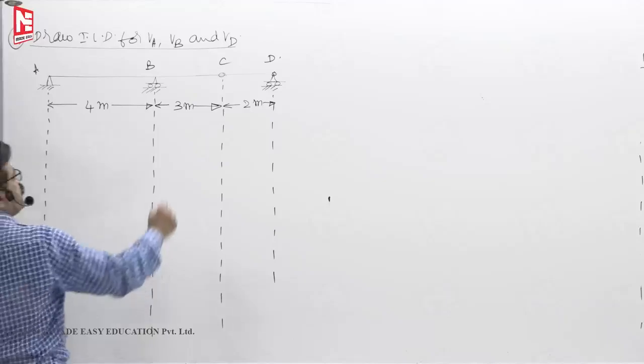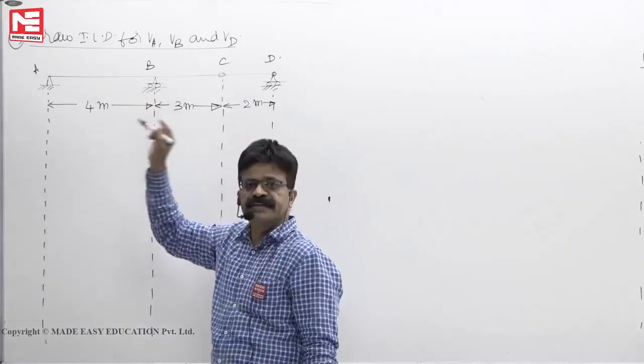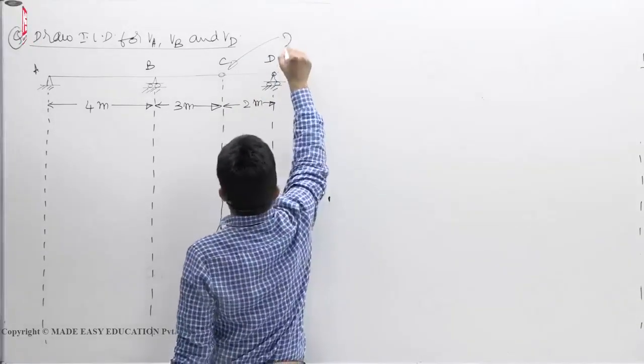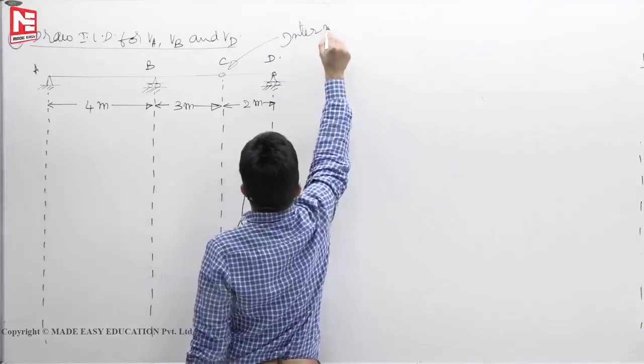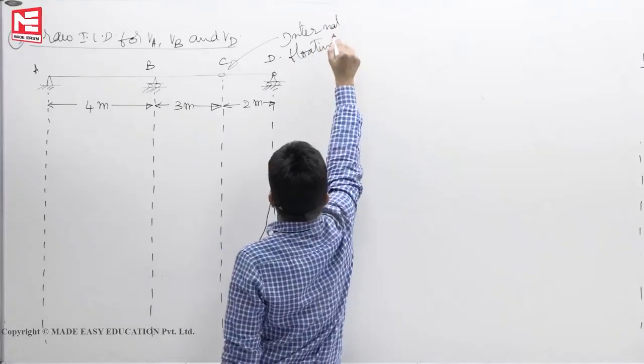Okay. If you show a circle at the intermediate location, it is the internal floating hinge. This is called the internal floating hinge.